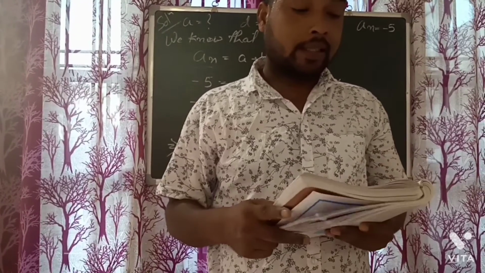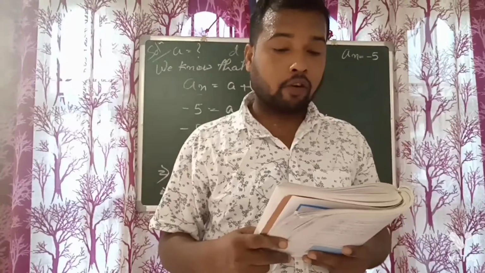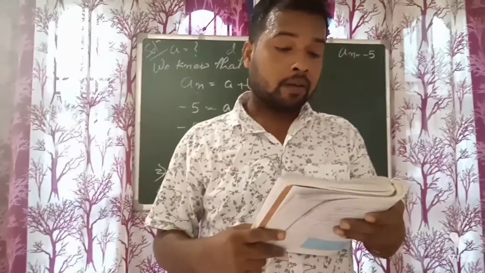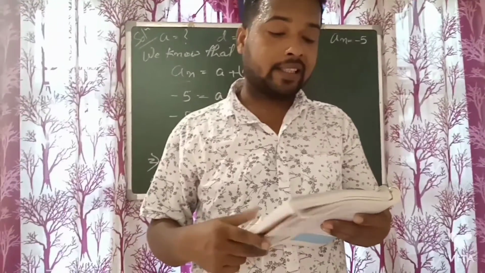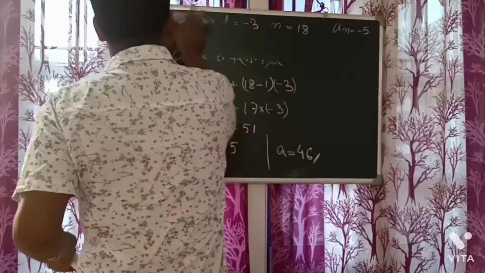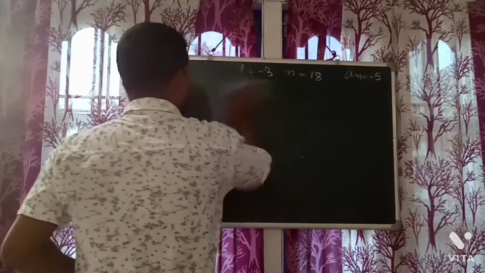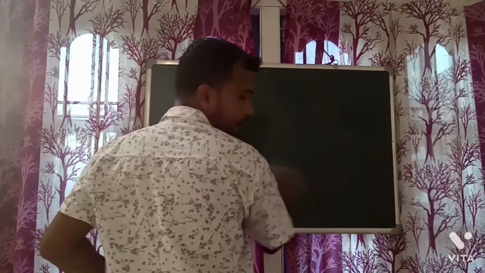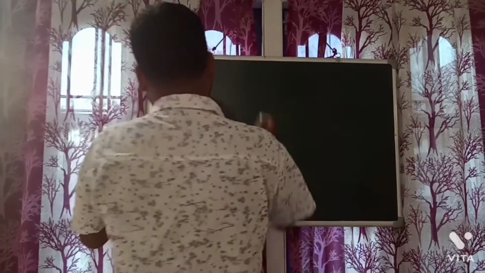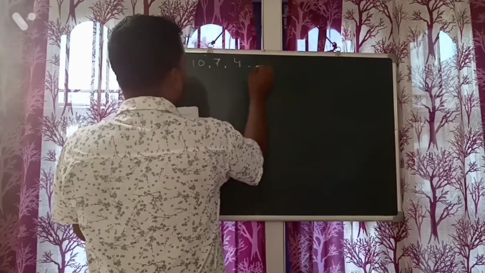Okay, then see question number 2. Choose the correct choice in the following and justify. The 30th term of the AP is, one AP is given. See, one AP is given: 10, 7, 4, and so on.